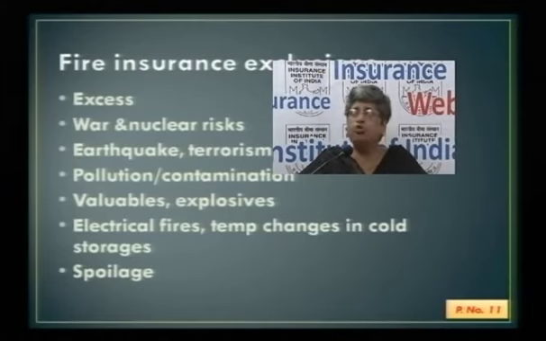Similarly, in cold storages, because of some damage somewhere, the refrigeration system stops functioning and so the temperature rises and the items within the cold storage are destroyed. This is not covered. Similarly, spoilage risk because of delay, or because property is damaged, so material loss, these are not covered.